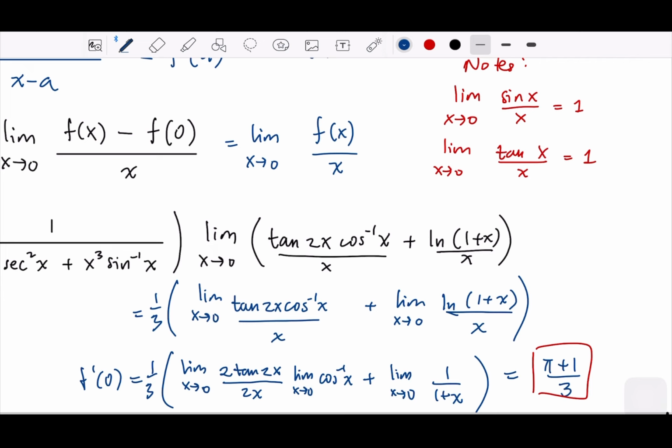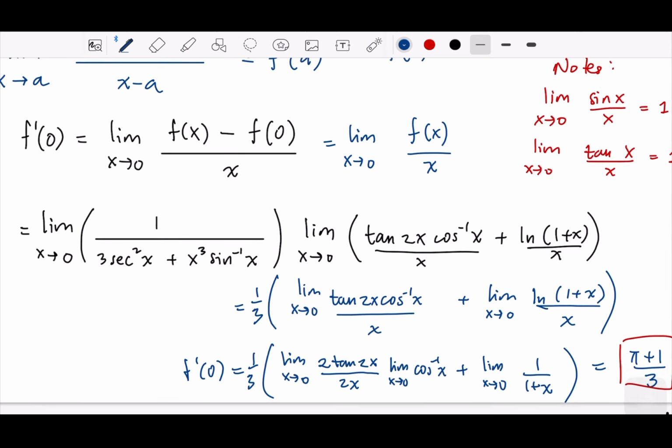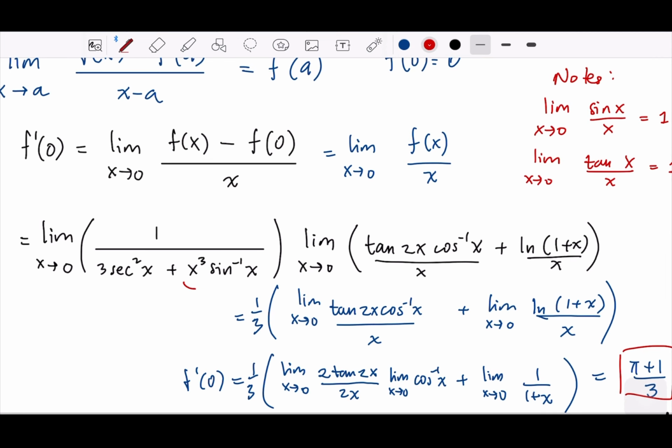Where do we get 1 over 3? From here, from the secant. We just plug in 0. Secant 0 is 1, and sine inverse of 0 is 0, so 1 over 3 here.